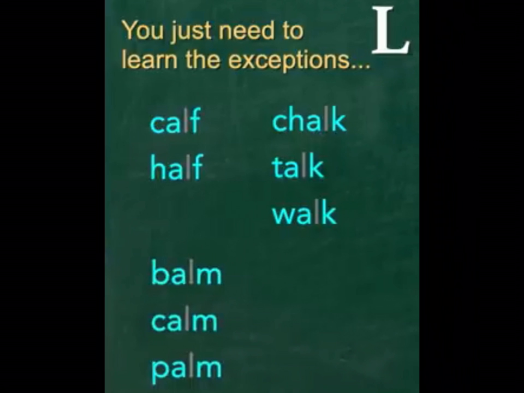No. Here, the L in these words is exceptional. So these are some of the common ones that are exceptional. Again, calf, half, chalk, talk, walk, bomb, calm, and palm.